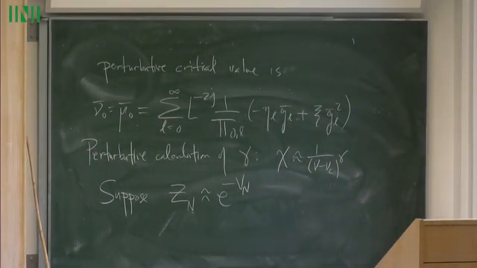So we go back to the formula for the susceptibility here, and we want to now evaluate it. And so I'll say that this is approximately equal to the same thing that you get by replacing Z_n by e to the minus nu_n, e to the minus V_n.